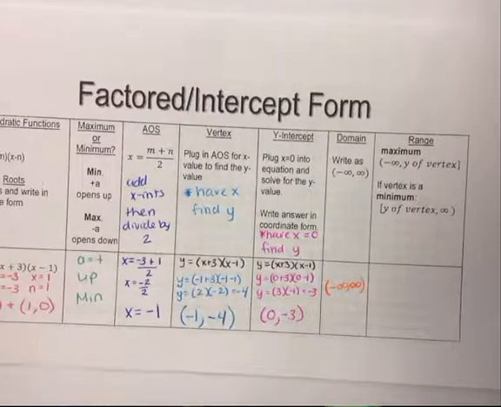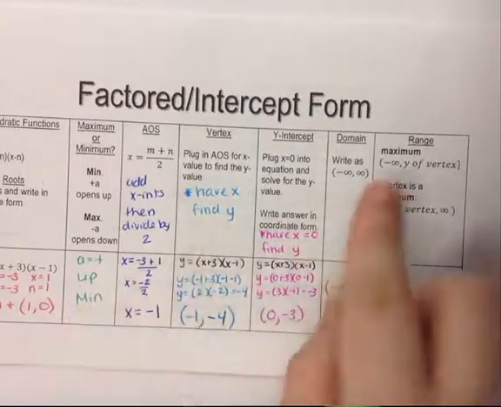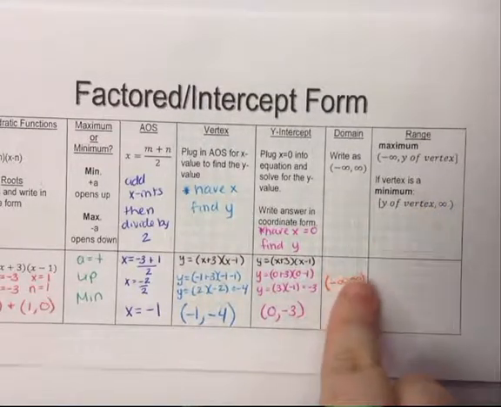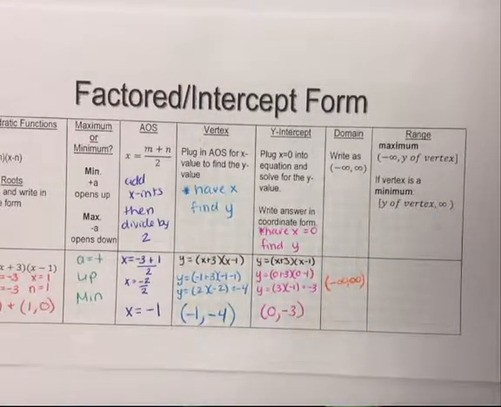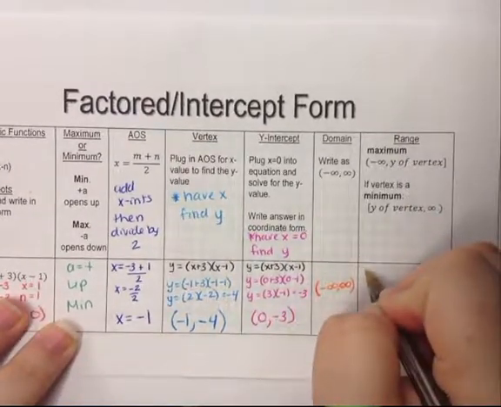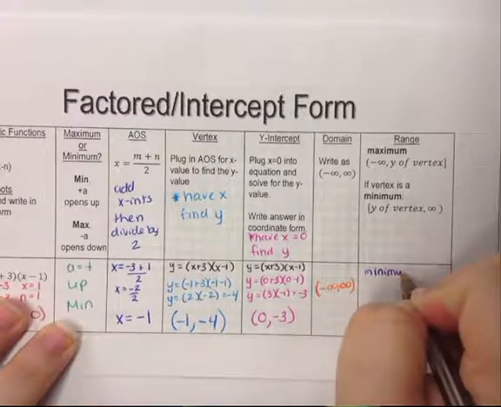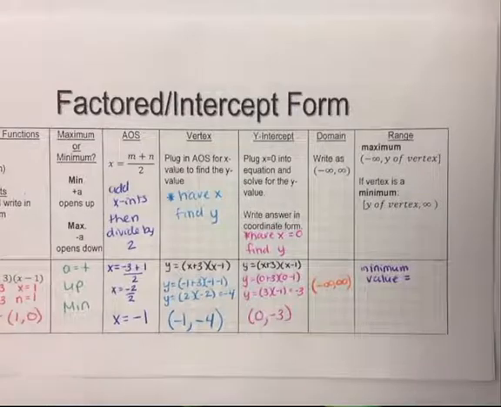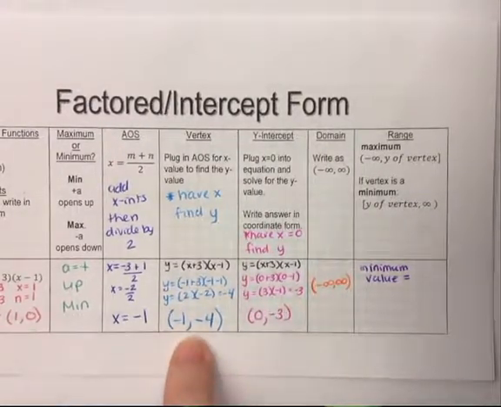Now our range will always be slightly different, just slightly. Because this will open up, because this is a minimum, you can always see that we're going to have a positive infinity. And positive infinity is always going to be on the right-hand side because it's going to be the largest values. That means that we need to know what our minimum value is because we have a minimum. The minimum value is equal to the y value of our vertex because, again, that's going to be the lowest point.